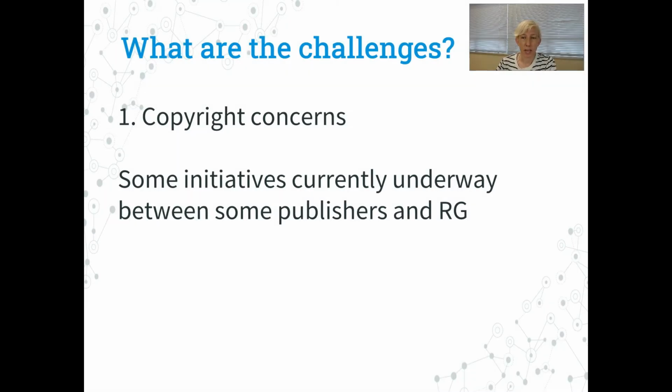Because ResearchGate in particular, but academic social networks more broadly, are becoming so integral for research sharing around the world, there are a number of initiatives underway, some programs between publishers and ResearchGate to overcome some of these copyright challenges.